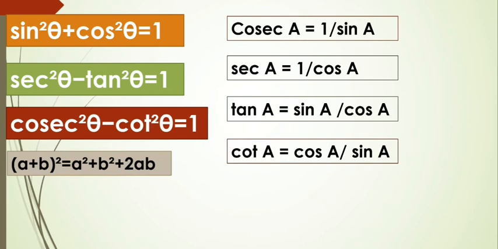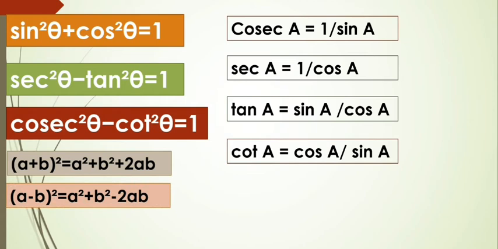After that, you have to understand how we can use algebraic identities in trigonometric problems. (a plus b) whole square can be written as a square plus b square plus 2ab. Already we know this algebraic identity.